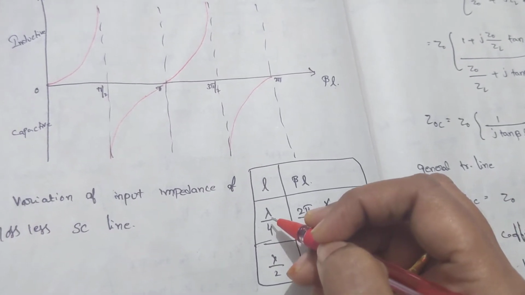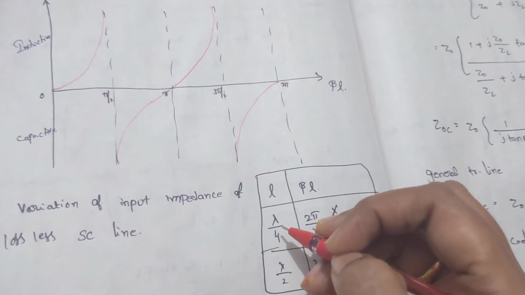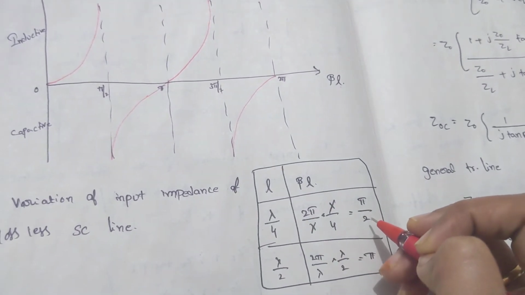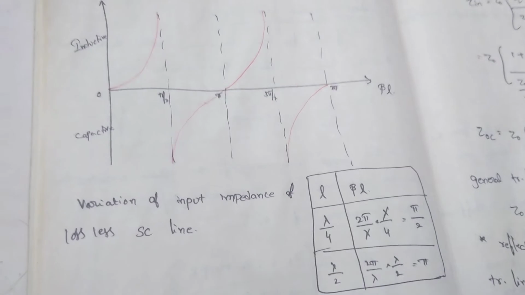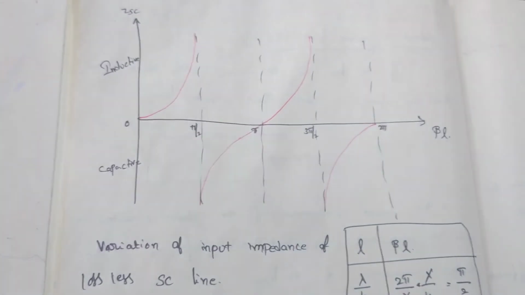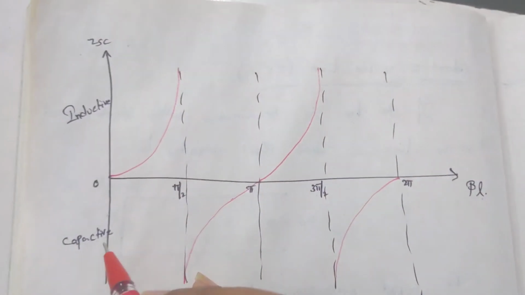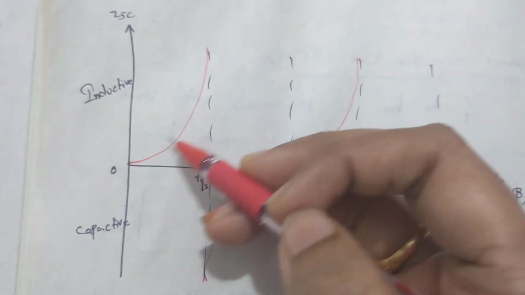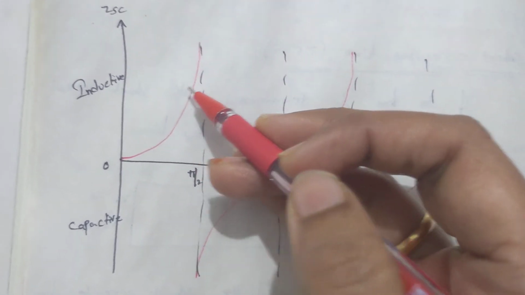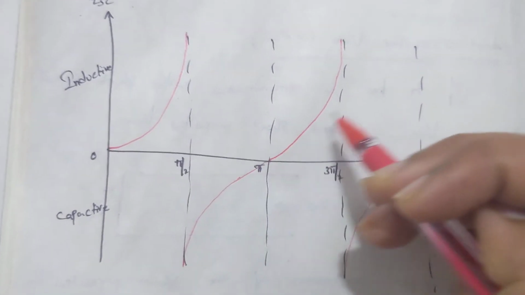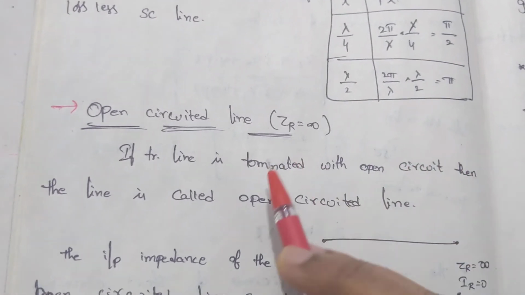For example, for a quarter wavelength transmission line, L equals lambda by 4, so beta L equals pi by 2. For the transmission line from 0 to pi by 2, it acts as an inductor, and from pi by 2 to pi it acts as a capacitor.